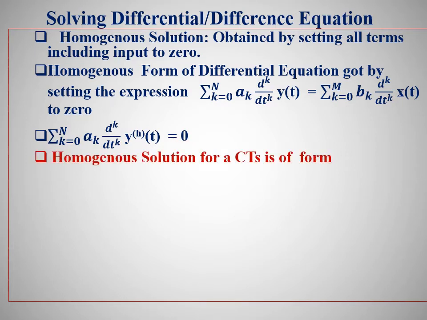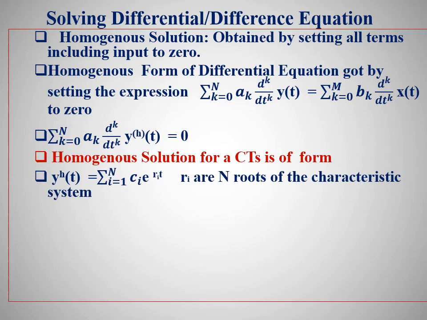The homogeneous solution for a continuous time case is of the form y h of t equal to summation i equal to 1 to n of c i e power r i t, where r i are the n roots of the characteristic equation.